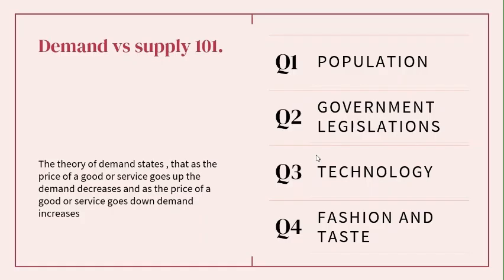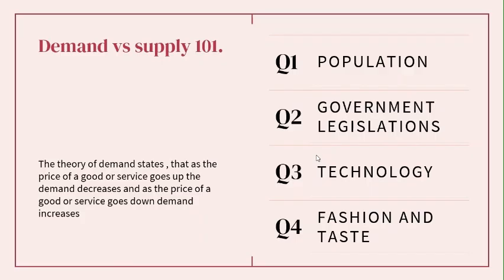Government legislations, because for example on demerit goods like drugs, alcohol, and these demerit goods that are harmful to our health, the government might impose sanctions and legislations to prevent us from actually obtaining that, and that could decrease or increase demand depending on what policies they put in place.